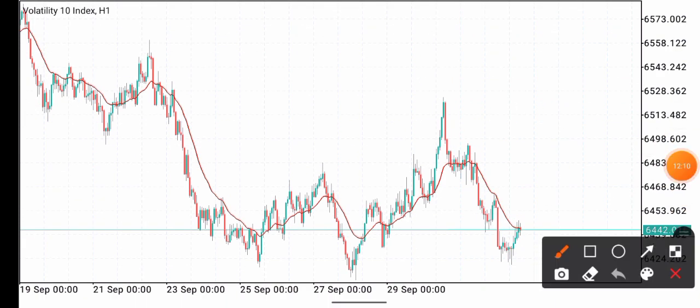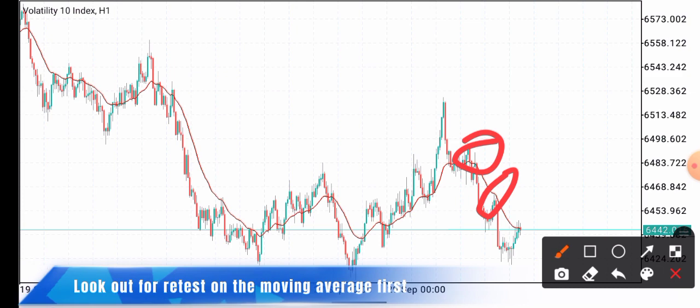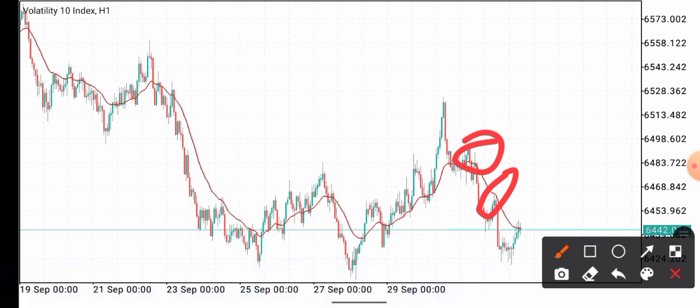Let's say we just open MT5 now. We switch to volatility 10 and you saw this. Price retested once, reacted to it the second time, and you see price reacting to it the third time. Price is on the moving average. There are some traders that, like me now, I don't need to plot trend lines and all these lines to see what the market is doing.